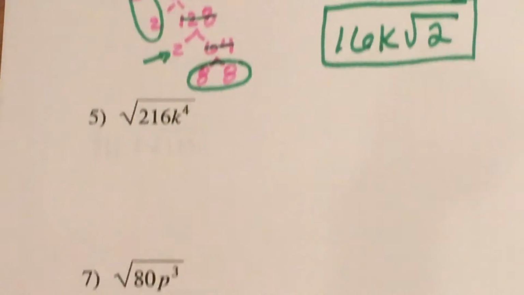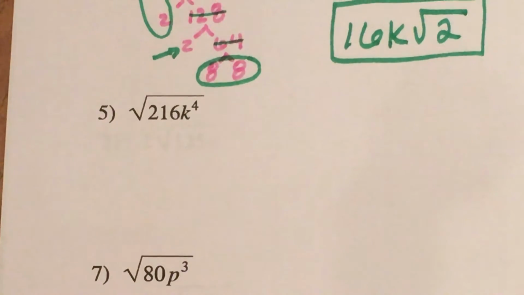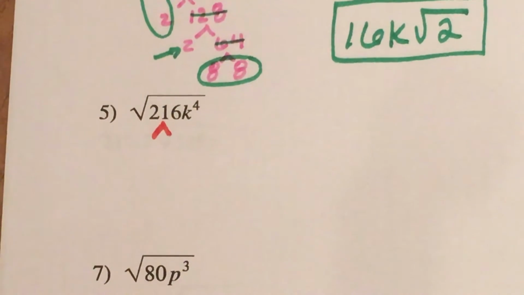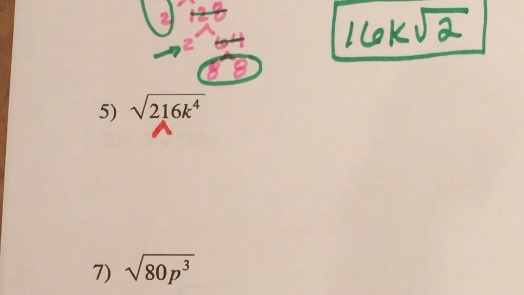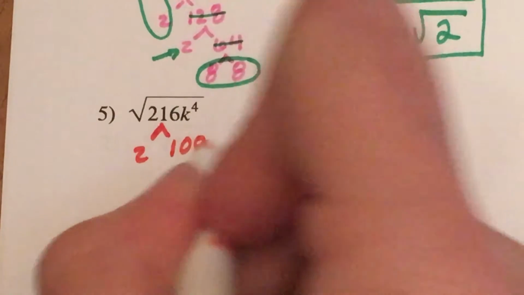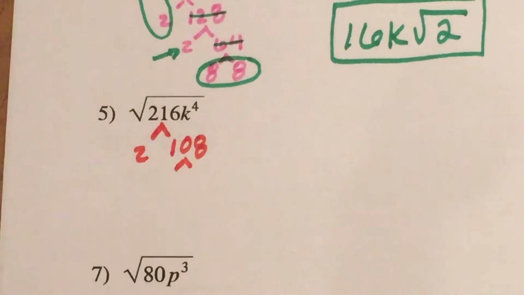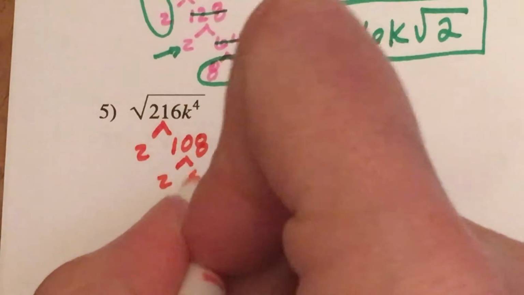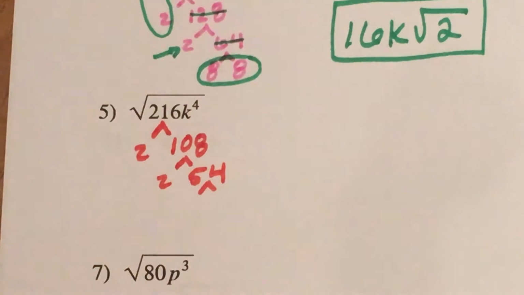Let's check out number 5. What's the smallest thing that can go into 216? Yeah, it's divisible by 2. That makes 108. What's the smallest thing that goes into 108? 2 and 54.